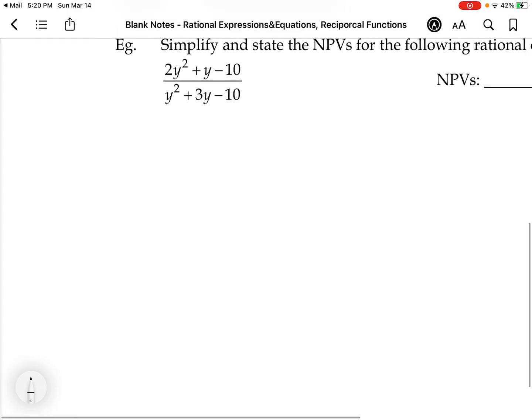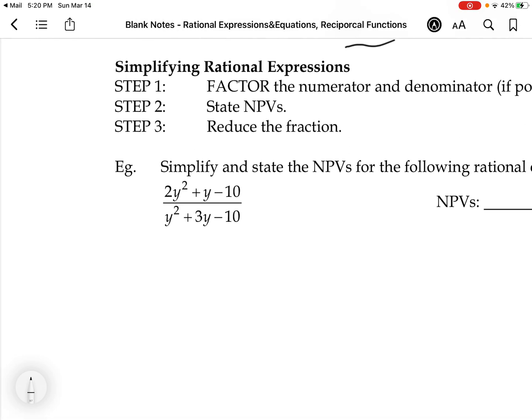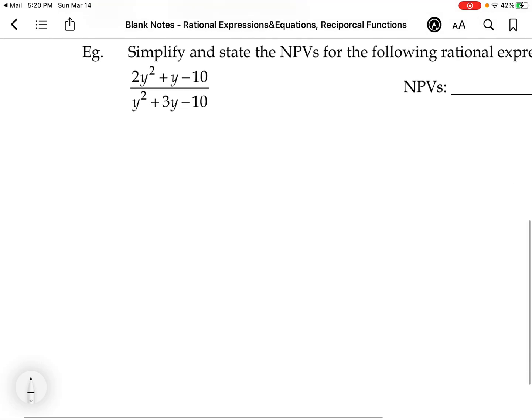We have to factor first. That's the first step: factor everything, and state your non-permissibles. The reason you have to state your non-permissibles before you reduce is that they apply to the original expression, not the reduced expression.